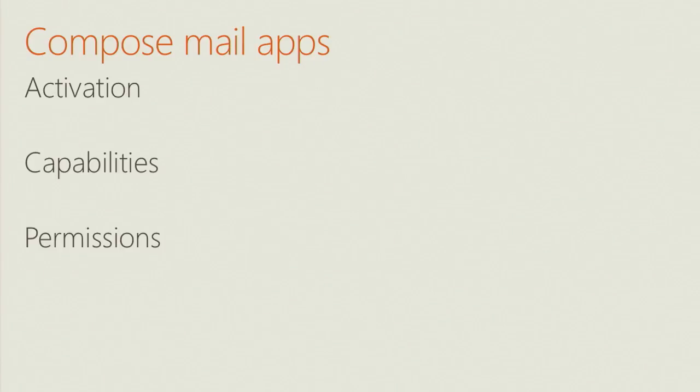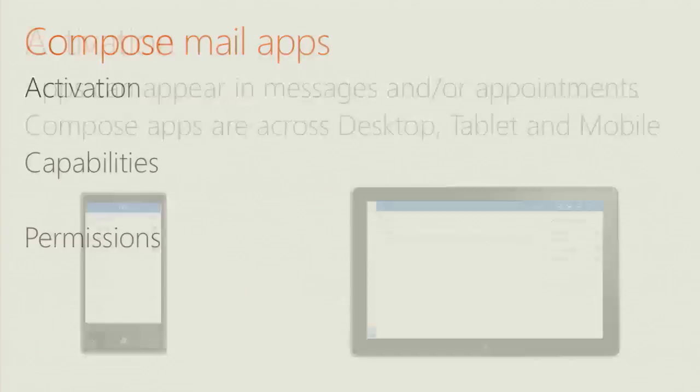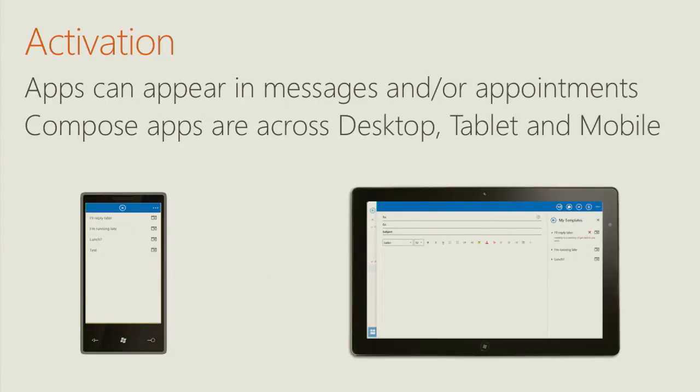Before we jump into building Compose apps, let's briefly talk about the three main aspects around Compose apps: activation, or when Compose apps are available or appear, their capabilities, and finally the security model or the permissions for Compose apps. In terms of activation, it's very simple.